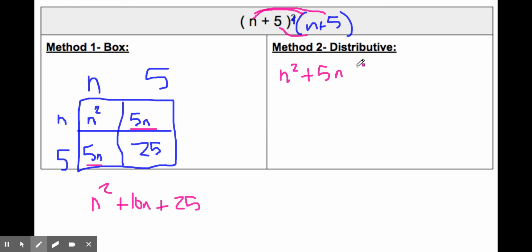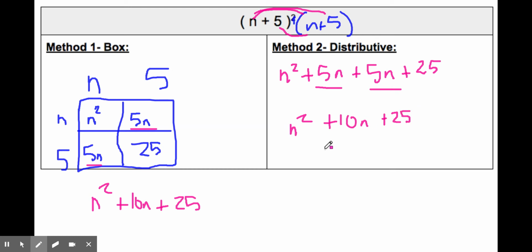So 5 times n is 5n, and 5 times 5 is 25. So then you're going to combine terms that are like. Here are my like terms. I'm going to get n squared plus 10n plus 25.